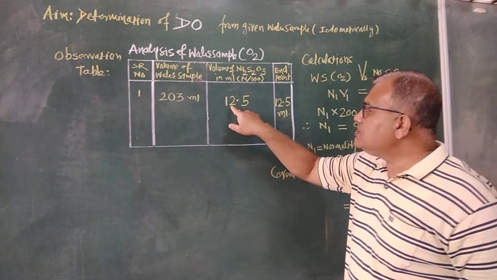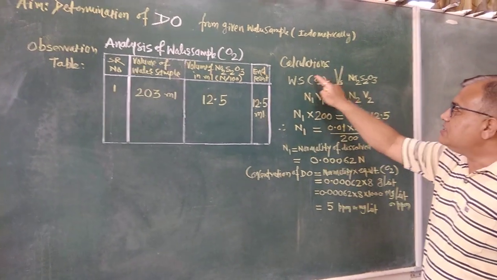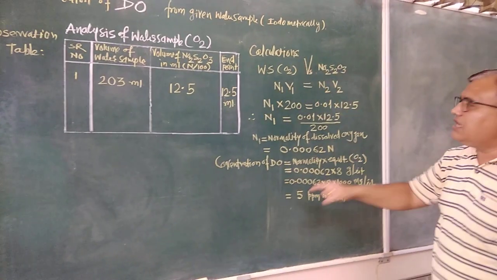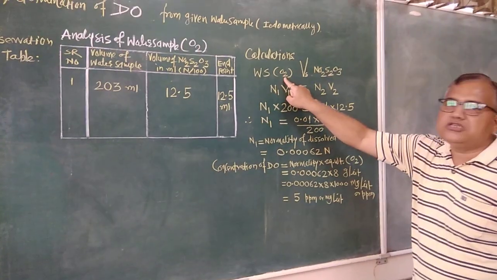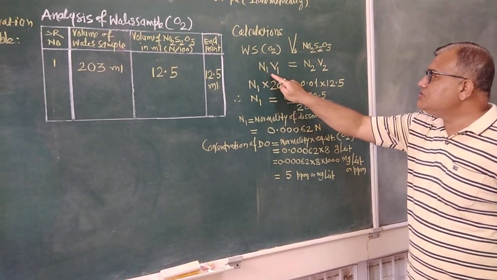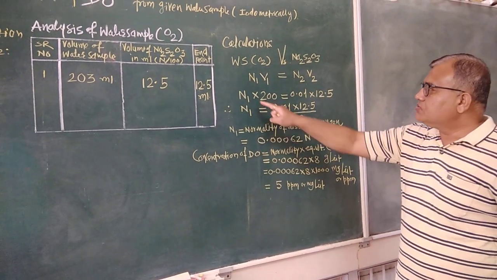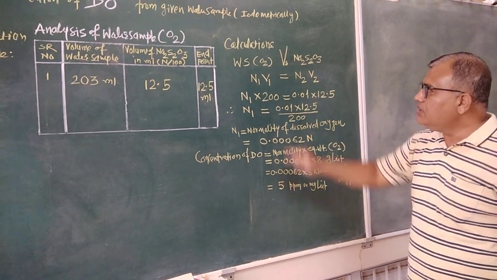So friends, using this 12.5, how to calculate the concentration of oxygen present in the water sample? Just do the calculation like this: it is a titration of the water sample with respect to oxygen versus Na2S2O3, and therefore use the formula N1V1 = N2V2. N1 is the normality of the oxygen present in the water sample.